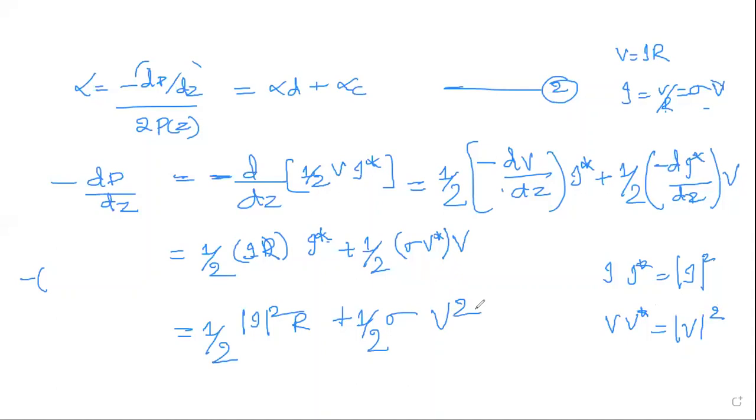So this is V, magnitude of V square. So if I write this equation, this term is half into I square into R, which is again the power formula. So I can take this power as PC plus half into sigma into V square.